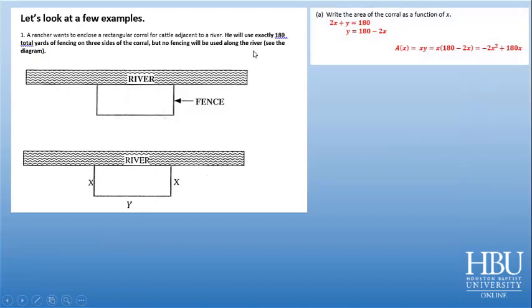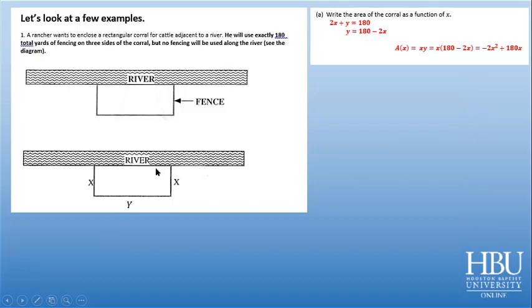Since he is going to use exactly 180 total yards of fencing, we know that 2x plus y has to equal 180 yards, and therefore y has to be 180 minus 2x.